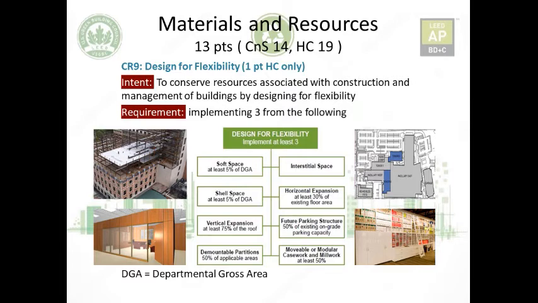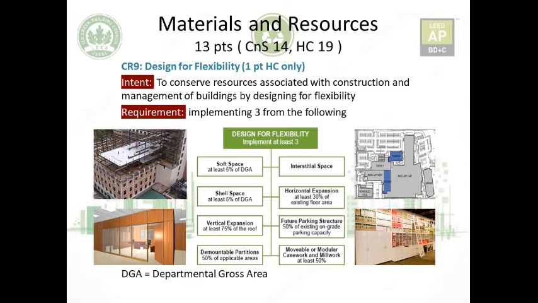Sometimes HVAC equipment is put outside the building and you put louvers around. We saw one picture in the previous slides where they put louvers around the HVAC equipment in the hospital. So you can expand your hospital vertically and not disturb below. So this is one of the flexible designs.